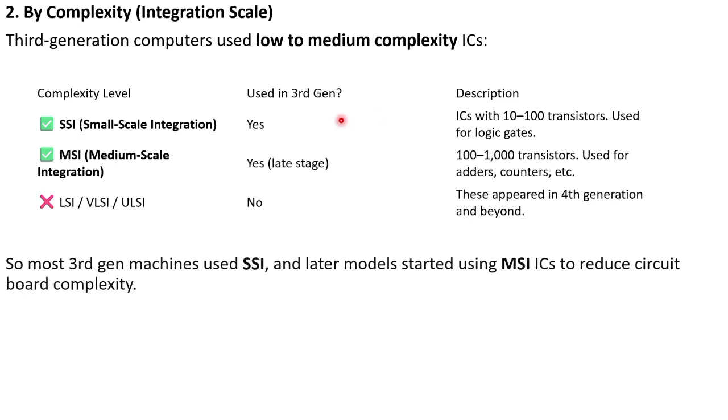In small scale integration, as we discussed earlier, the integrated circuits use 10 to 100 transistors used for logic gates, and in MSI 100 to 1000 transistors used for adders, counters, etc. So most third generation machines use SSI, and later models started using MSI integrated circuits to reduce circuit board complexity.